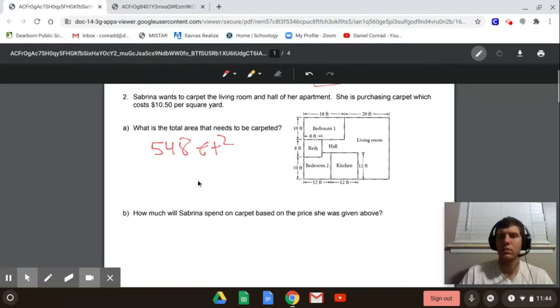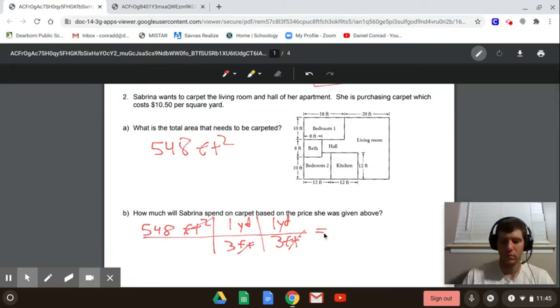Okay, so we got to use the conversions we learned. So here we have 548 feet squared. All right, let's convert this to yards though. So we know we have 3 feet in a yard, and since we're getting rid of feet, we got to put the feet on the bottom. So 3 feet, so that goes on the bottom. So 1 yard is 3 feet, but we have to do it twice because it's squared. Right, so feet and feet is feet squared. That cancels out. So we got to do 548 divided by 3 twice.